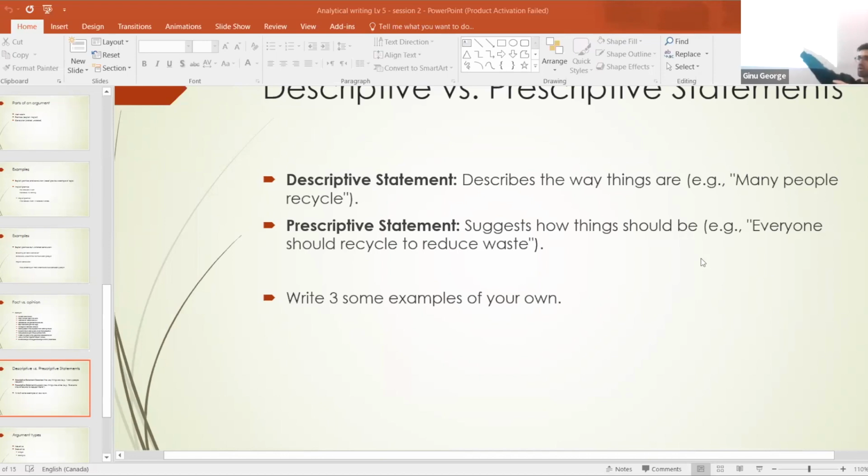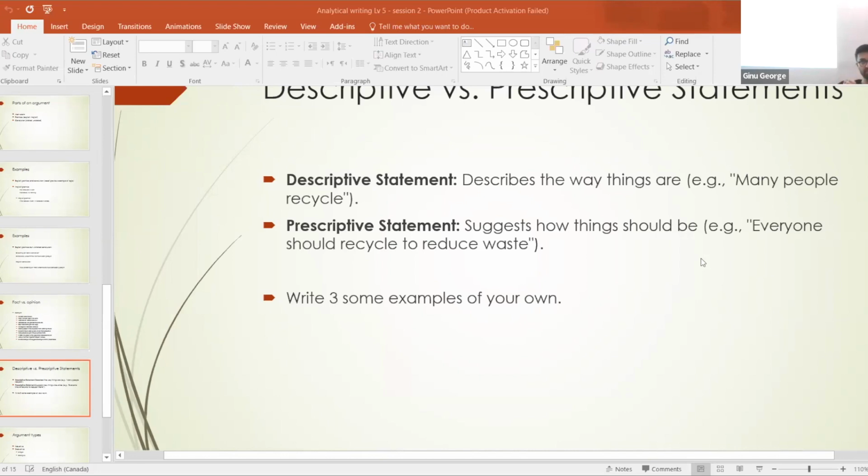Or if you have premises, all of which are descriptive, but the conclusion you make from them is prescriptive, that's going to be a problem. So you've got to be able to sense this: he can't conclude this because the premises are descriptive, you can't get it from prescriptive, and the other way around. So keep that in mind. Is this statement descriptive or is it prescriptive? Very important in analysis and analytical writing.